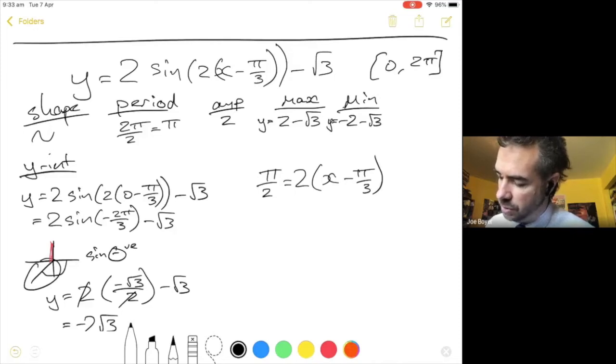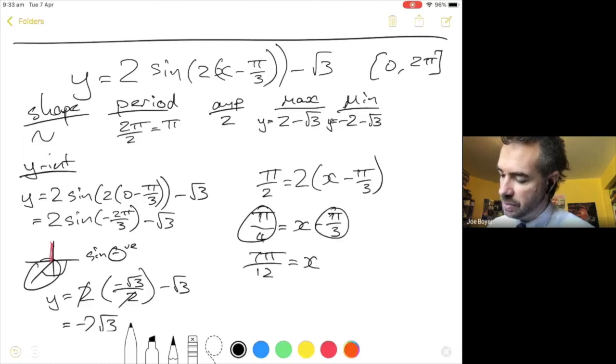Divide both sides by 2 gives me pi on 4 is equal to x minus pi on 3. Adding pi on 3 to both sides, the common denominator is 12, so that becomes 3 pi on 12, and then I'm adding 4 pi on 12, and so that turns it into 7 pi on 12 is equal to x. So that's where my maximum is.